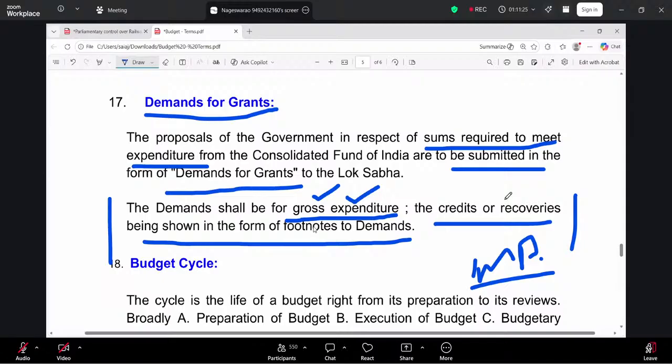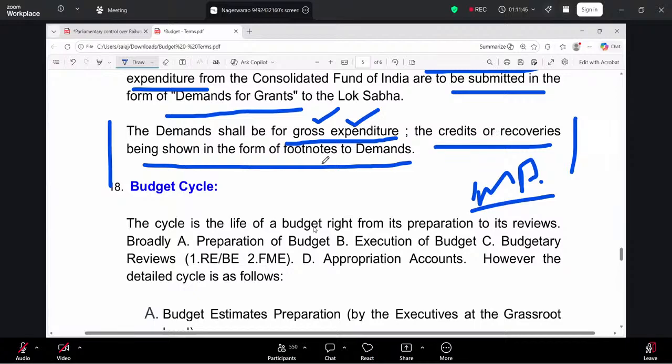Because whether these credits are 5 crores or 50 crores, we cannot reduce the gross expenditure while asking the parliament, because we don't know whether we are able to achieve the 5 crores or not. Otherwise, it is difficult. So we will ask only gross expenditure. Budget is always for gross. The credits are only shown in the footnotes to the demands, not part of the demands.